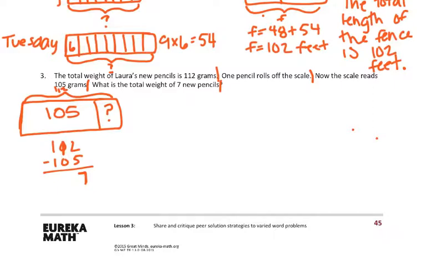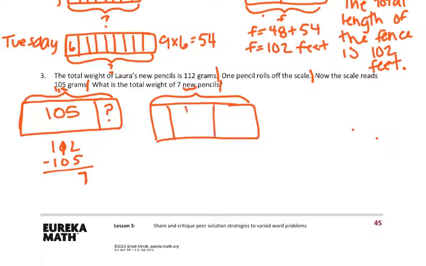Now we can figure out how much 7 pencils would be. And draw a tape diagram. We're going to call this W for weight. And now we need to make 7 equal parts for 7 pencils, and each pencil weighs 7 grams. So W equals 7 times 7.